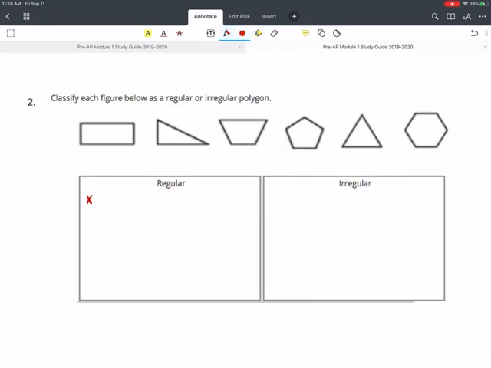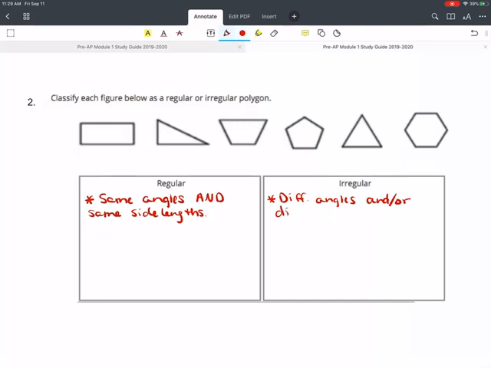Regular polygons have the same angles and same side lengths, whereas irregular polygons have different angles and/or different side lengths, one or the other or both. So that's the difference between those two types of polygons.